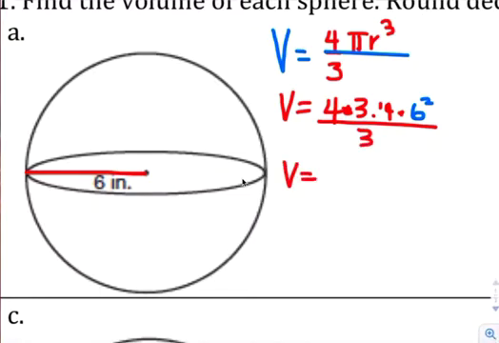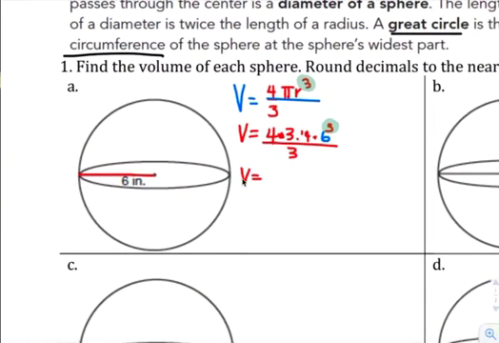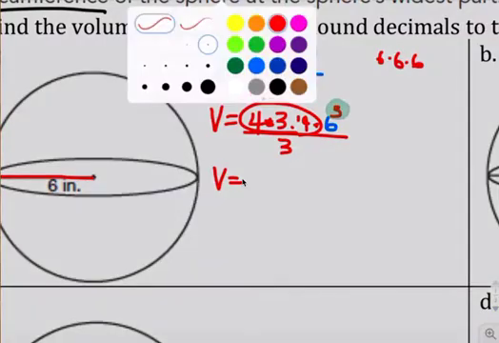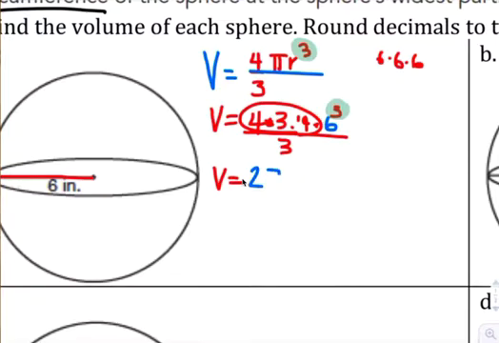Oh, this is not squared, it's cubed. If you don't have a calculator that has the power function, you put 6 times 6 times 6. So you do 6 times 6 times 6 times these two, and you'll get the answer of 2,712.96.